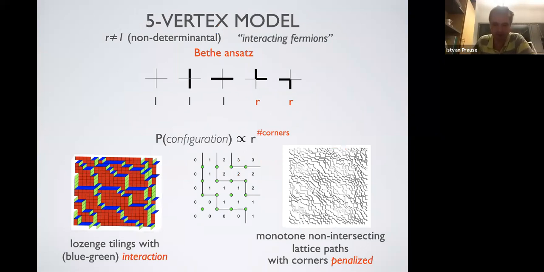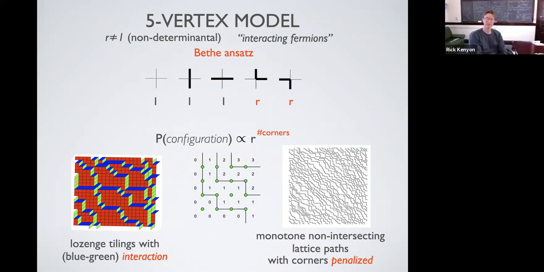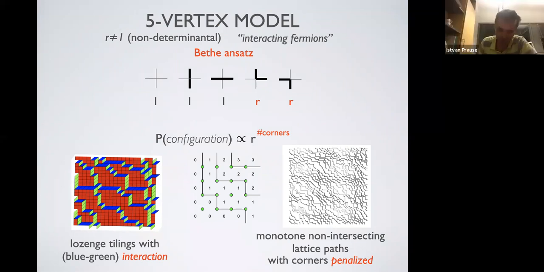Now I come to the 5-vertex model, which Rick already discussed last time. I just go here briefly: one can view it as a probability measure on monotone non-intersecting lattice paths. So like this, we always go north or west at each step. What will be the probability of a given configuration? At each vertex, we have 5 possibilities, because we require that the paths are non-intersecting.